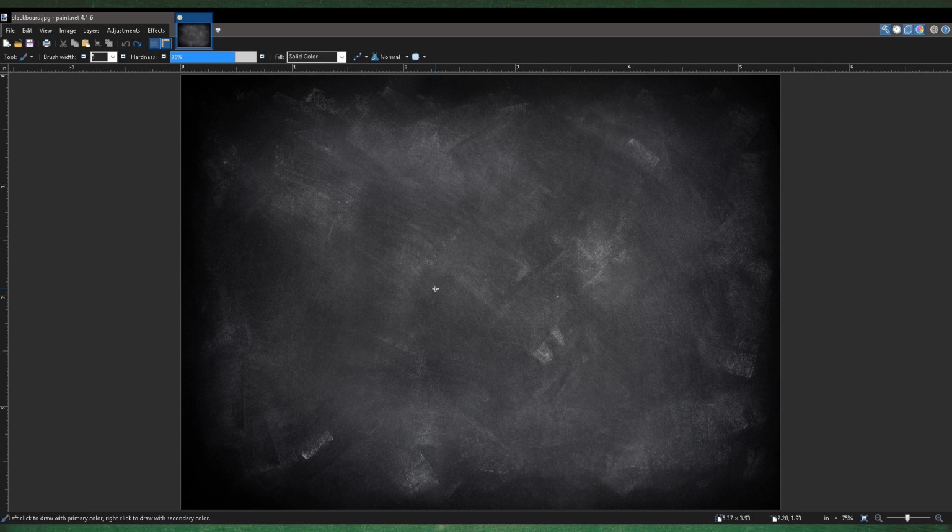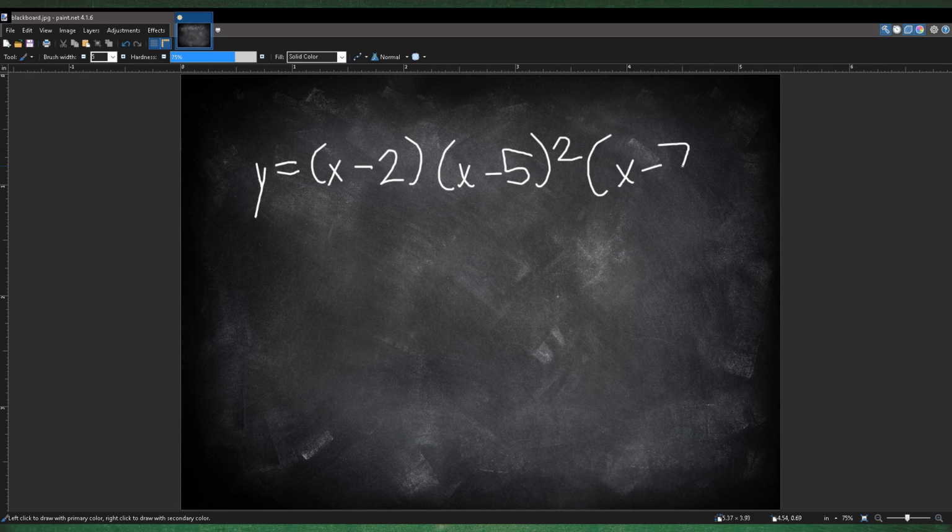This will be multiplicity. Let's take, for example, y equals (x minus 2) times (x minus 5) squared times (x minus 7) cubed. Multiplicity refers to the exponent that the root or zero, which is the x-intercept, is raised to.